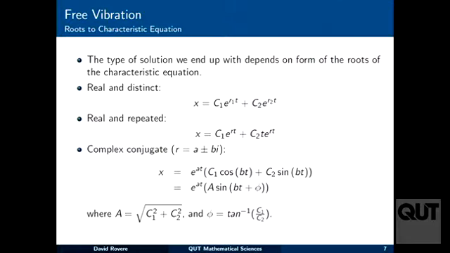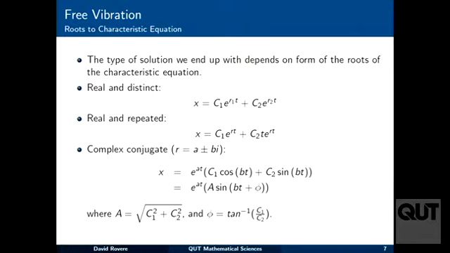Now, the type of solution we get for r will affect the form in which we describe the solution to the ODE. If our r values are real and distinct, then the solution is just C1 e to the r1t plus C2 e to the r2t.